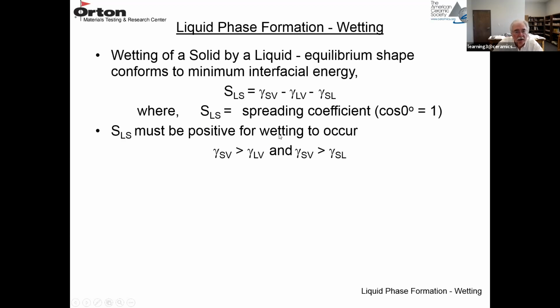So S has to be positive for wetting to occur. And to have wetting, you have to have these conditions also. This surface energy gamma SV has to be greater than gamma LV, and also gamma SV has to be greater than gamma SL.